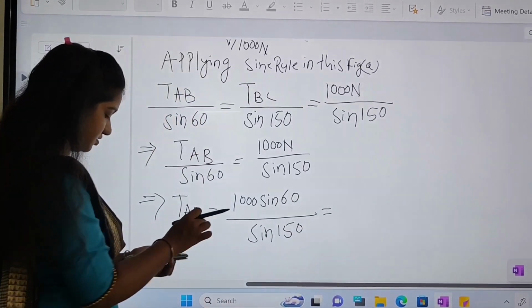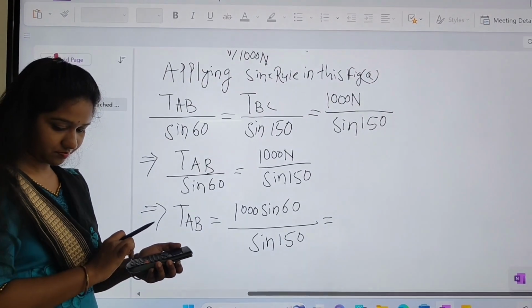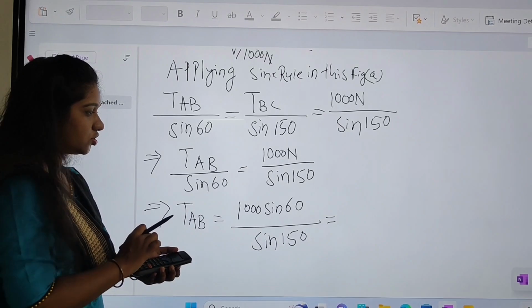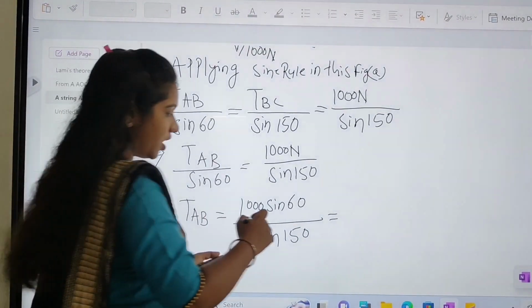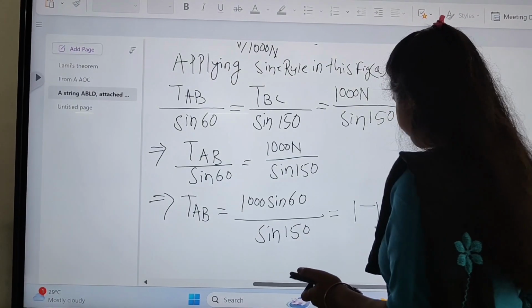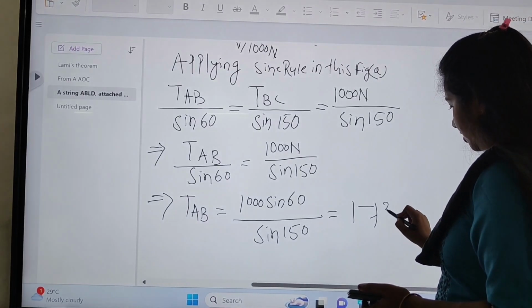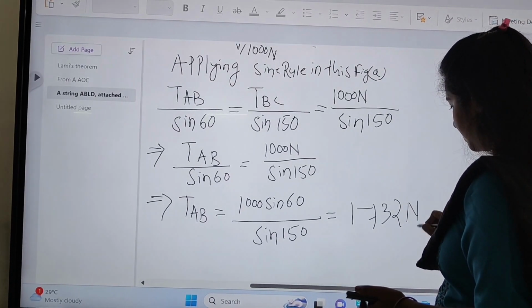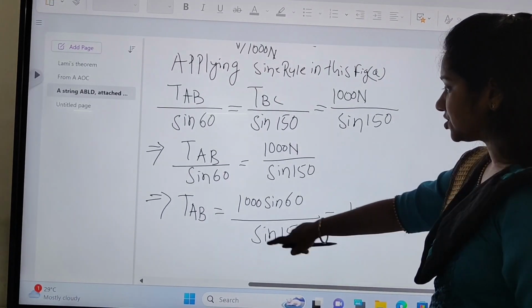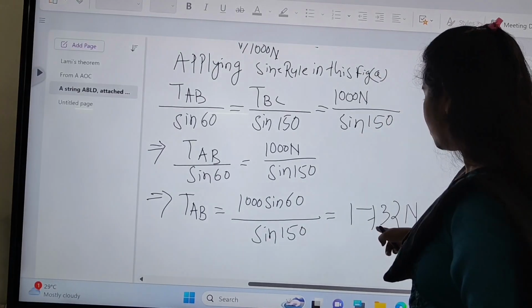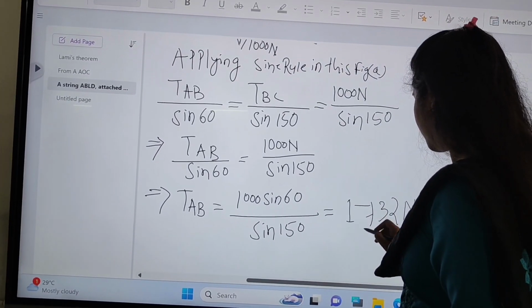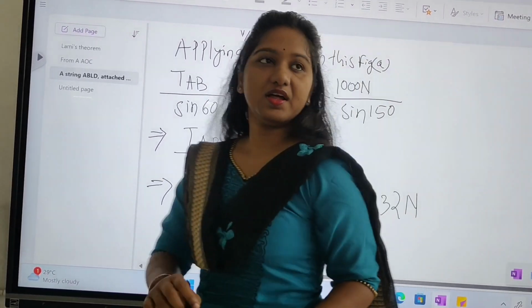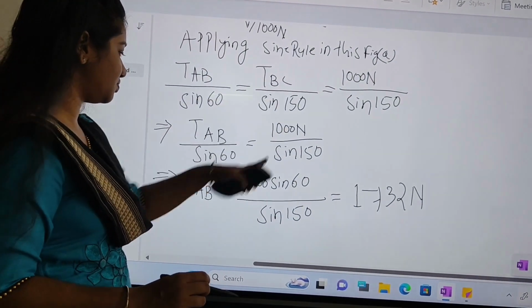Let's calculate this. So this value is 1732 newtons. We find the tension in portion AB is 1732 newtons. Next, we find out TBC.